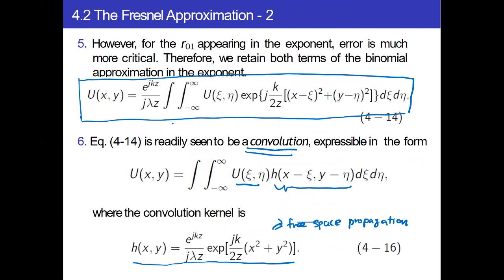Here we have assumed that R01 is z squared for the denominator, and then the phase term.